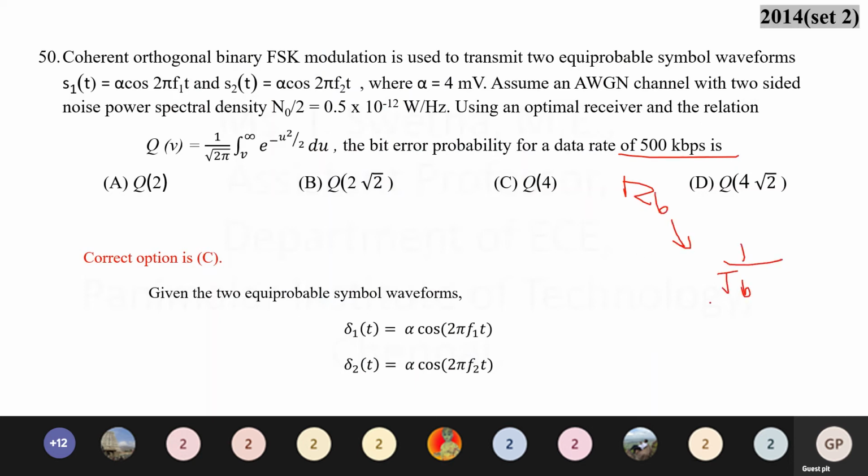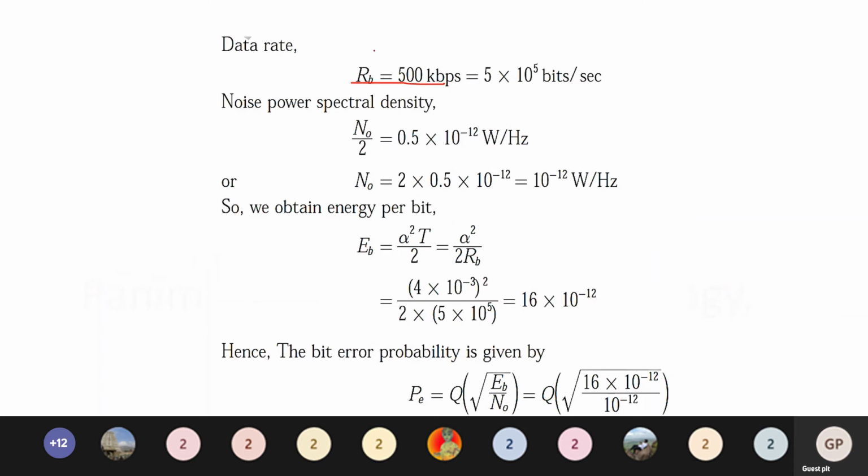RB is equal to 1 by TB, that is 500 kbps, that is 5 into 10 to the power 5 bits per second. The noise spectral density is also given, N0 by 2. Just multiply by 2 with this equation and you'll get 10 to the power minus 12.